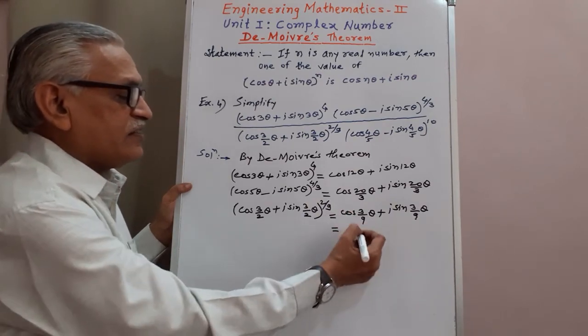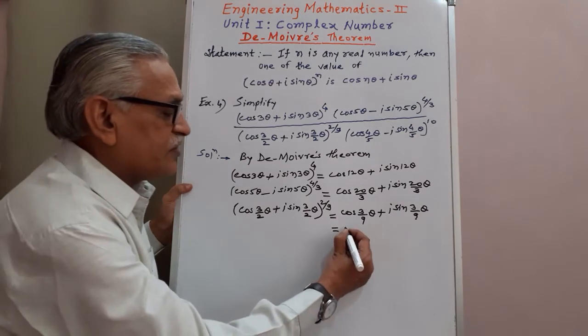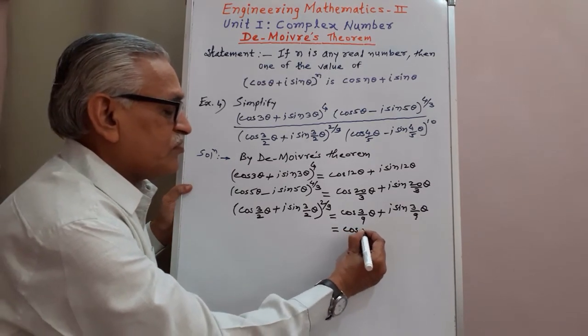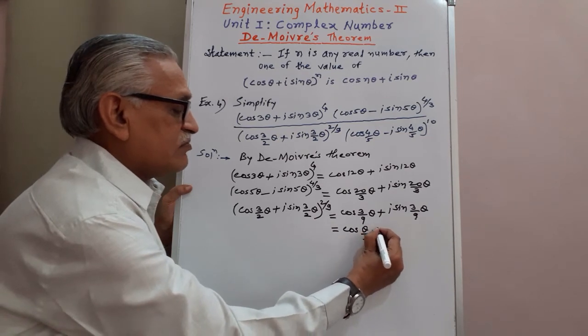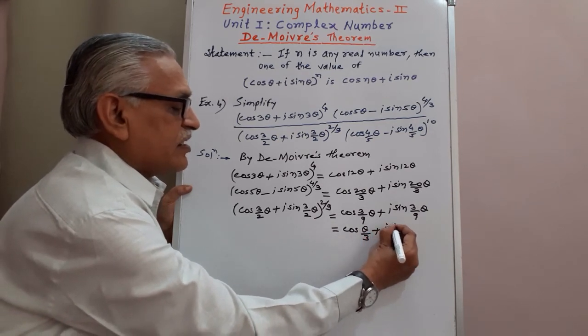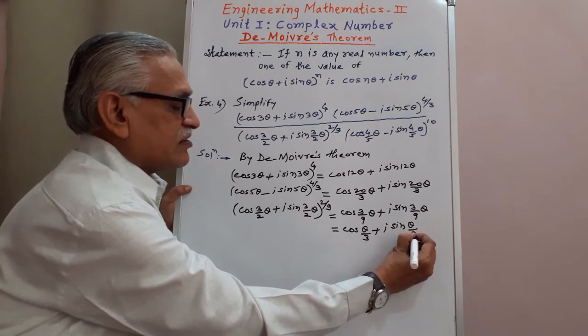If you simplify it, 3/9 means 1/3. Therefore, it is cos of θ/3 + i sin of θ/3.